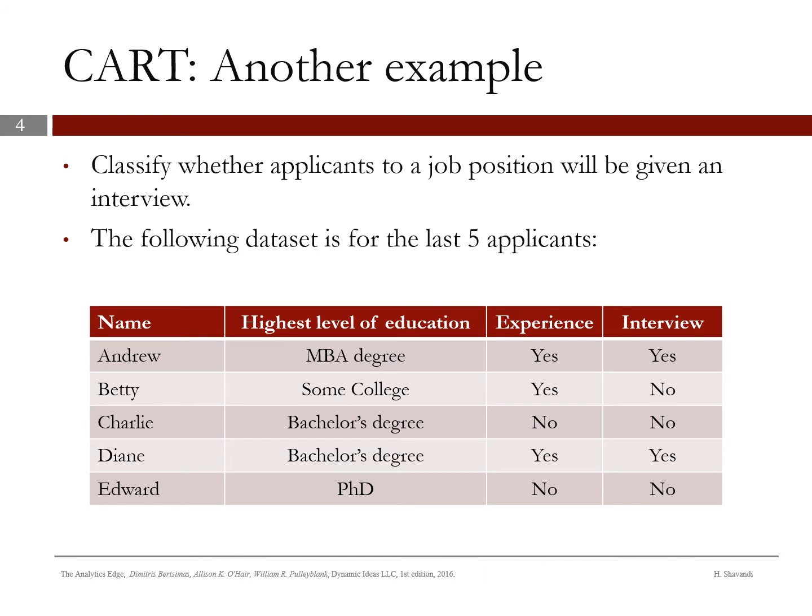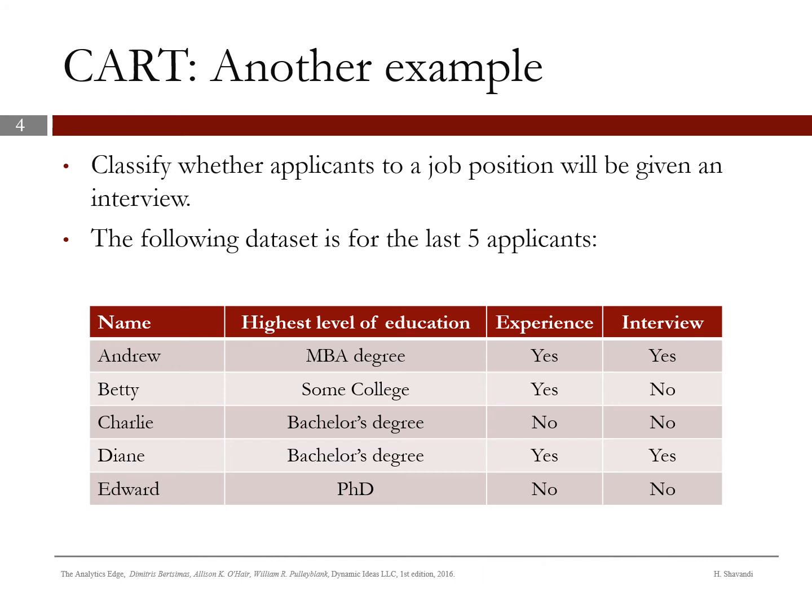Here we have another example. We want to classify whether applicants to a job position will be given an interview. We have a data set of the last 5 applicants. As you see, we have 2 independent variables and 1 outcome variable.